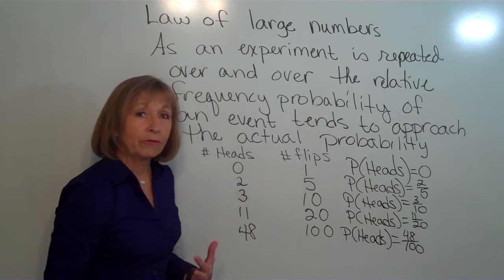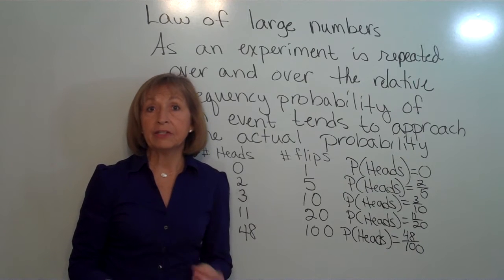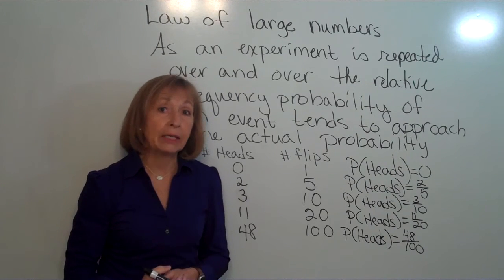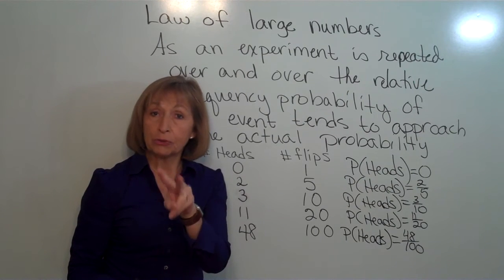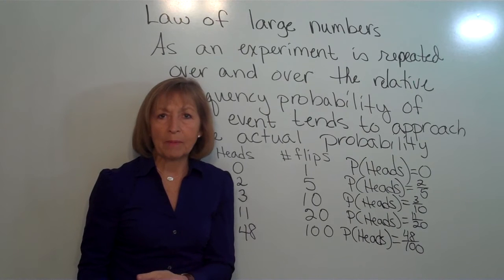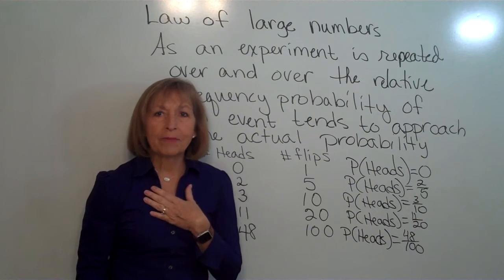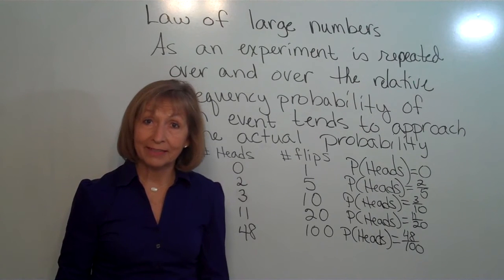Now, we know from working with probability, if I have a fair coin, if each side of the coin is equally likely, then there's one side that's heads out of 2 sides that occur. That's the classical method of assigning this probability. So I know from that classical method that the probability of heads should be 1/2.